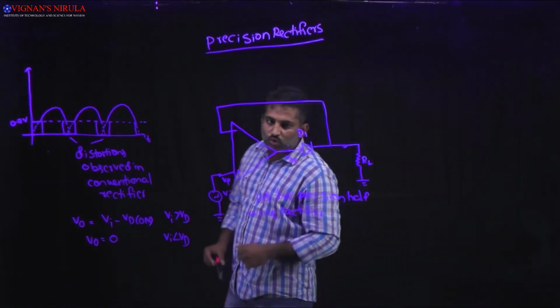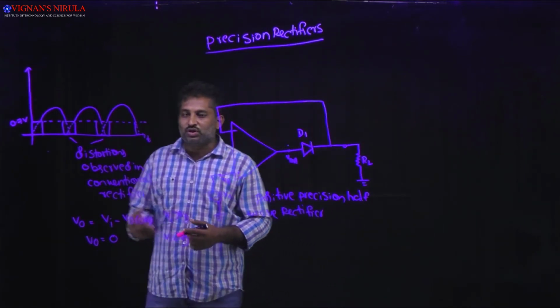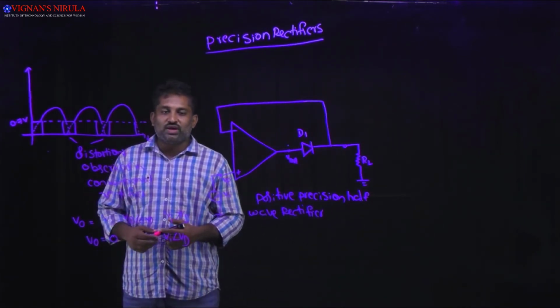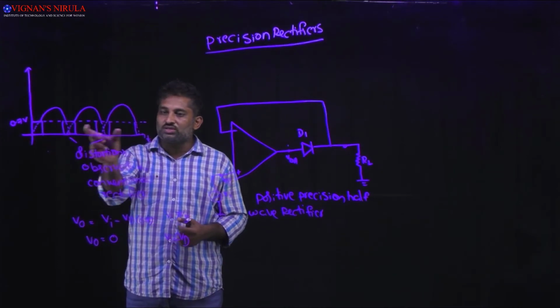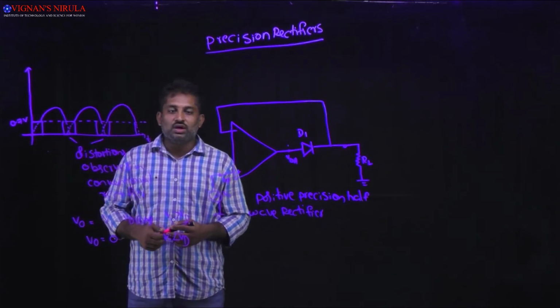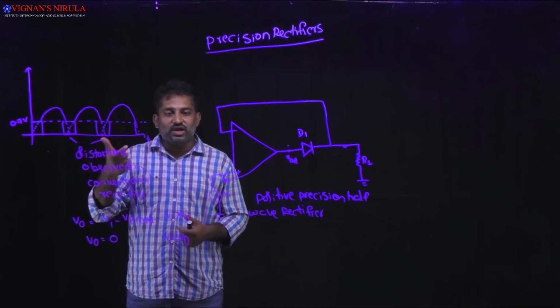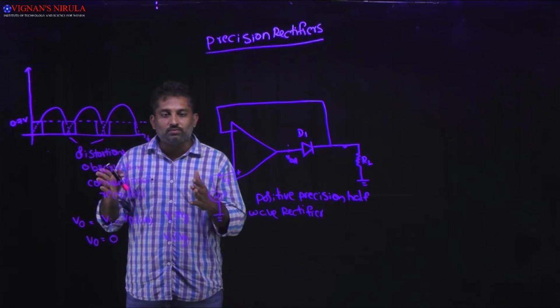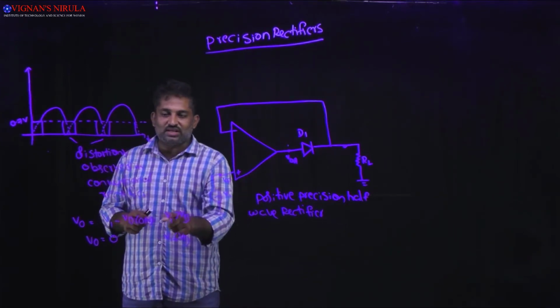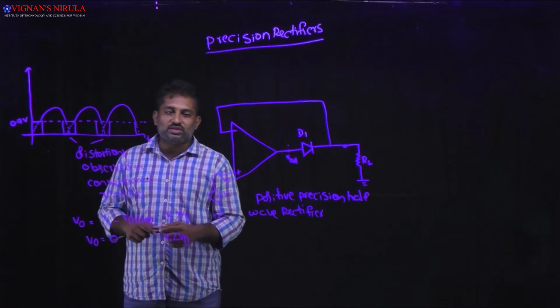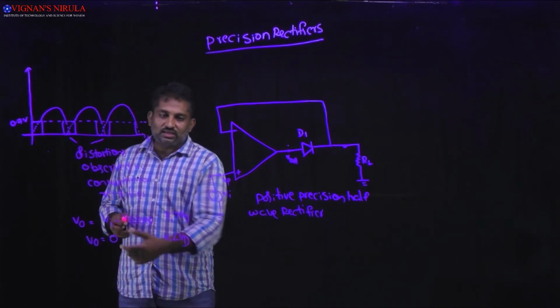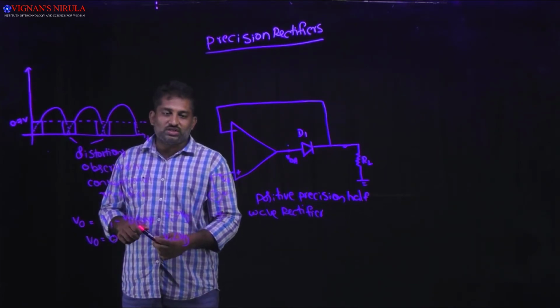And there is one more disadvantage we observe in the conventional rectifier: crossover distortion will occur. So there are two disadvantages: one is crossover distortion, and the other is the output voltage generation.